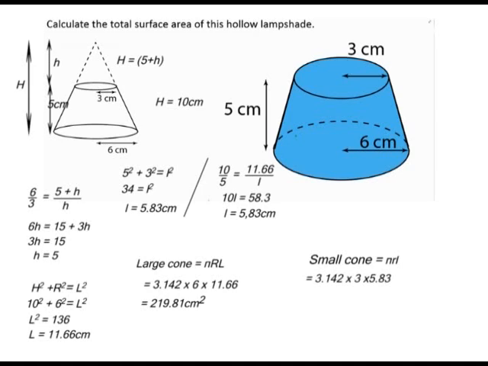That is 3.142 times 3 times 5.83. And that gives us 54.95 square centimeters. Curved surface area of the frustum is equal to the difference between the two areas. 219.81 minus 54.95 will give us 164.86 square centimeters.